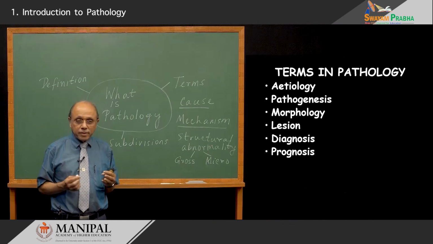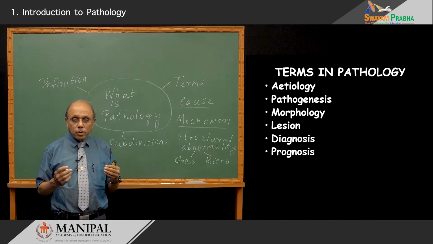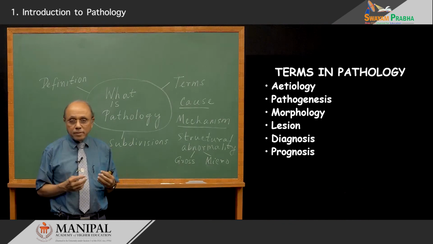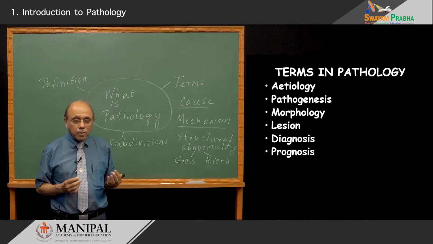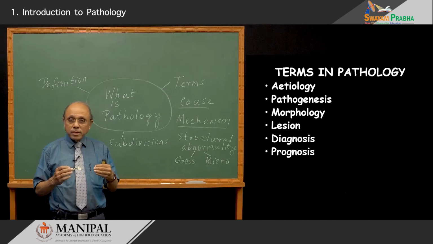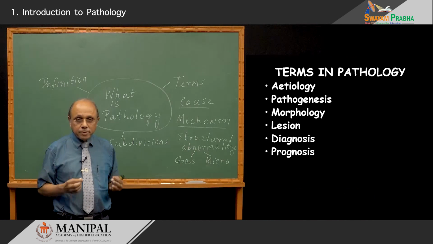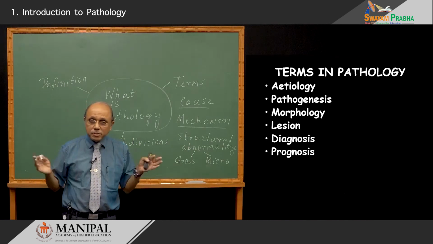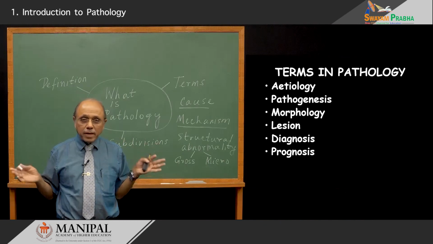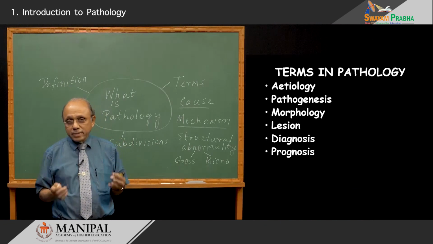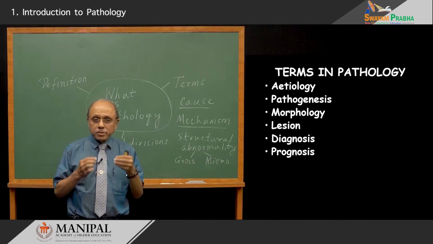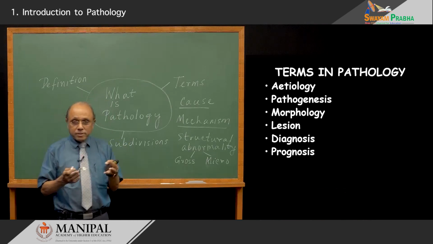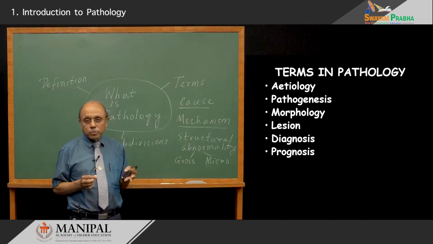When a diagnosis of cancer is made, we often talk of 5-year survival rate. So, naturally the patient as well as the family would like to know about the forecast, and that prediction based on the experience that we have, we are able to predict, and that is prognosis. So, basically prognostication, forecast, prediction is prognosis.